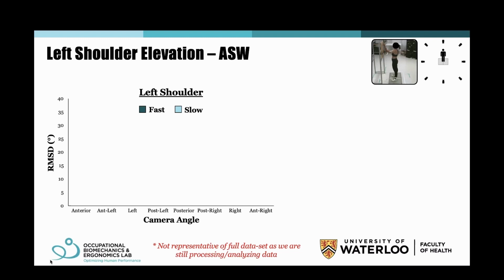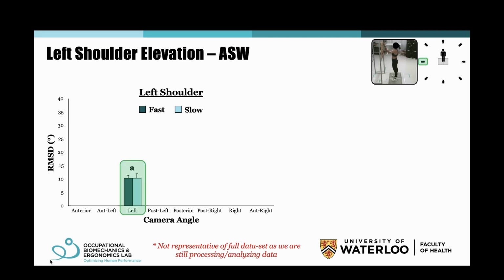We have all of the camera angles along the x-axis, starting from anterior, working around the left side, going all the way to the right. And there are 2 different color bars. The dark blue bars are fast, and the light blue bars are considered slow. This is the setup for all the figures moving forward. Again, this is the left shoulder elevation angle for the above shoulder work task.